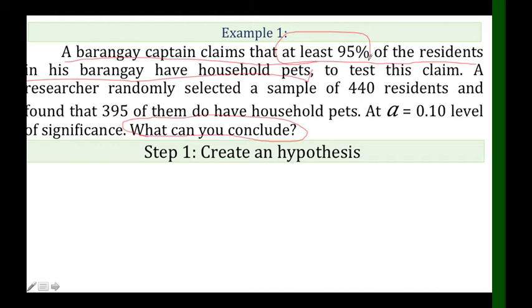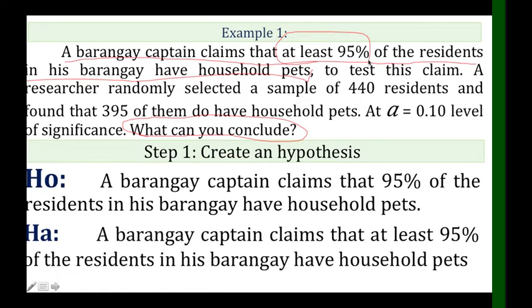So since the words are at least 95% and at least is the clue for the alternative hypothesis, therefore our statement in the given problem is what we call the alternative hypothesis. A barangay captain claims that at least 95% of the residents in his barangay have household pets. Now, what is the null hypothesis for this?